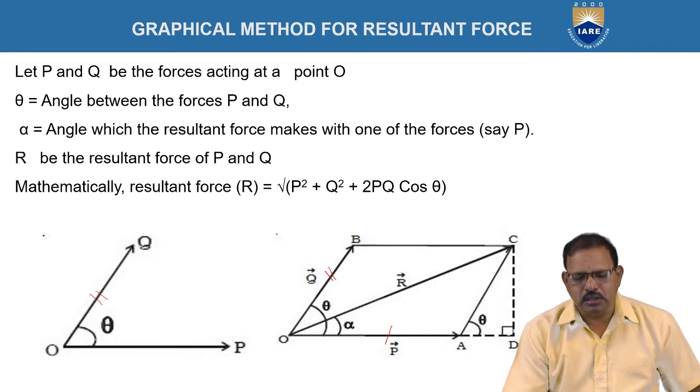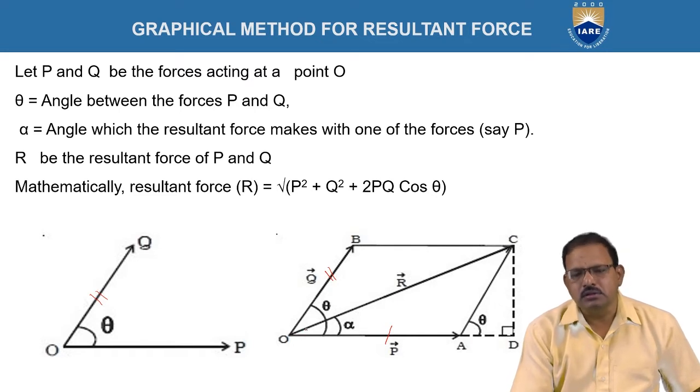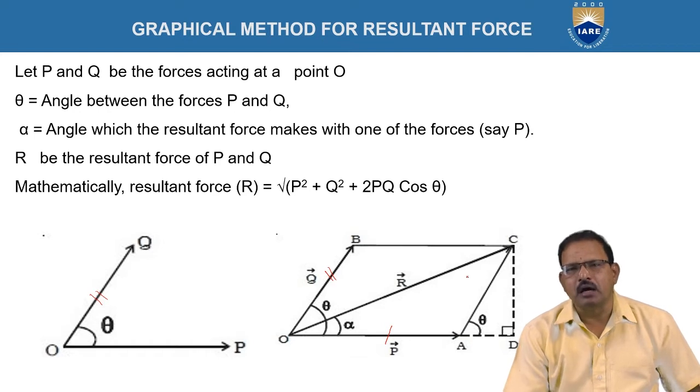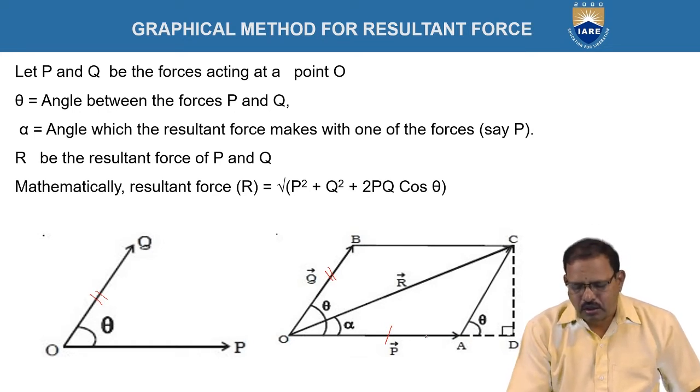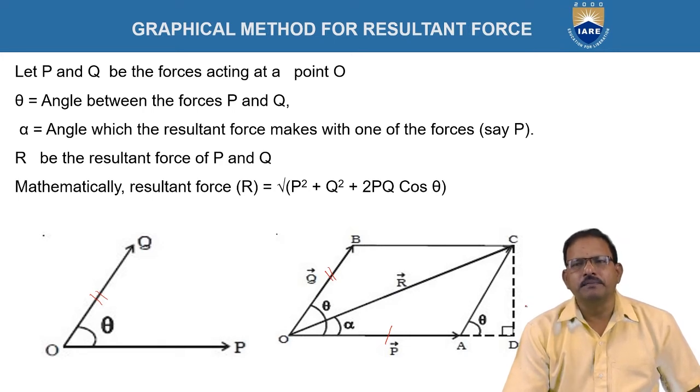According to this law, the resultant of these two forces is represented by the diagonal OC passing through the same point of intersection, here represented as R. When we extend OA up to D, using trigonometric relations we find that the magnitude of the resultant force of P and Q is given by the square root of P square plus Q square plus 2PQ cos theta.